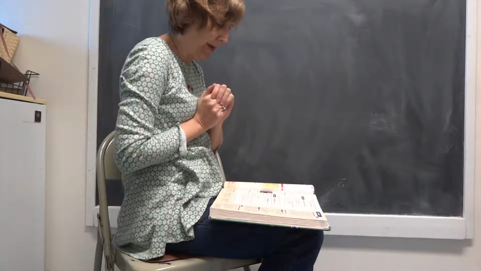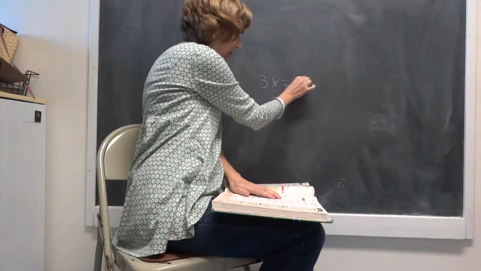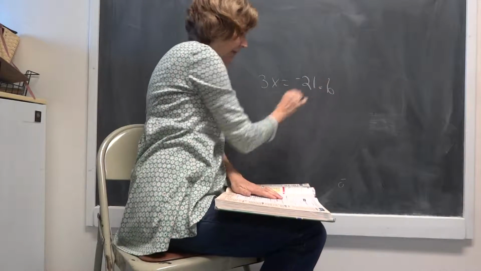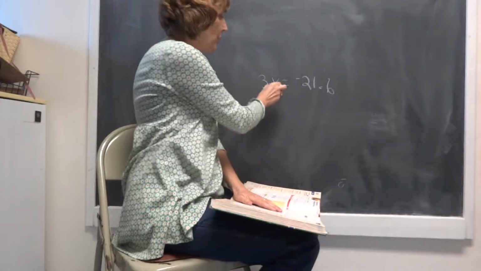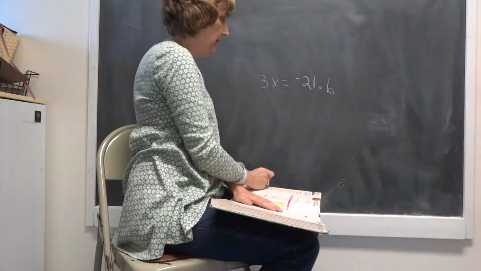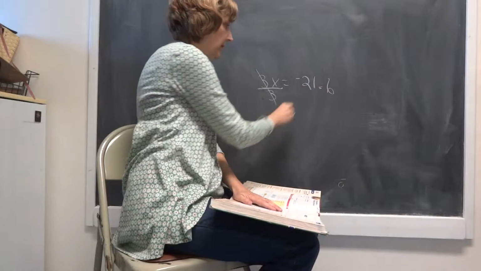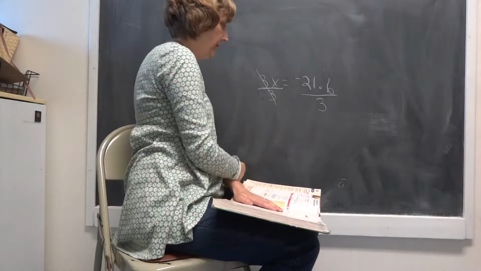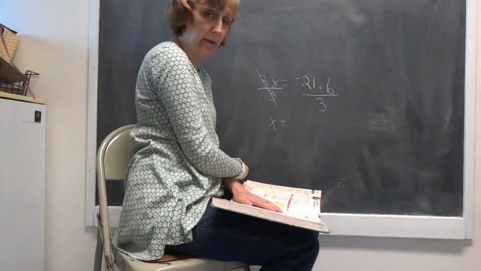Check understanding 1A. Solve each equation. 3x equals negative 21.6. All right, the idea is to get the variable by itself. What do we do to both sides to get the x by itself? Well, we can divide both sides by 3. That way the 3 cancels. Now x is by itself, and all we have to do is divide that number by 3.